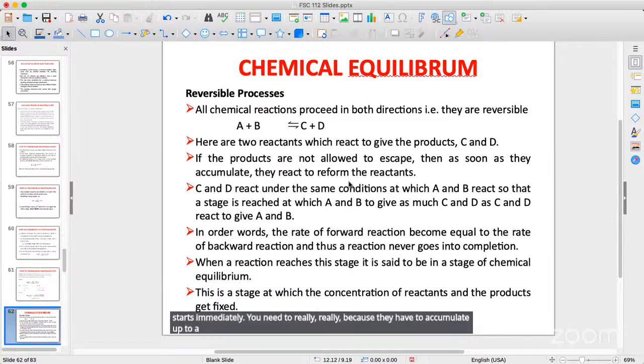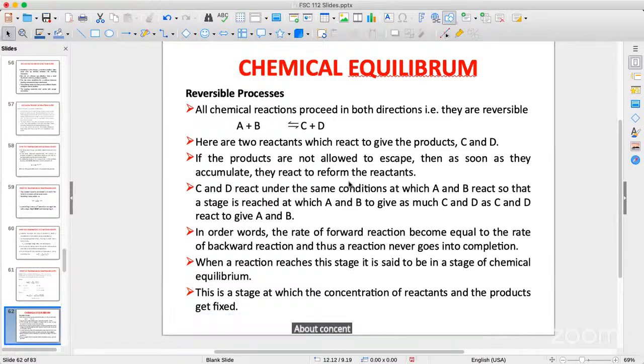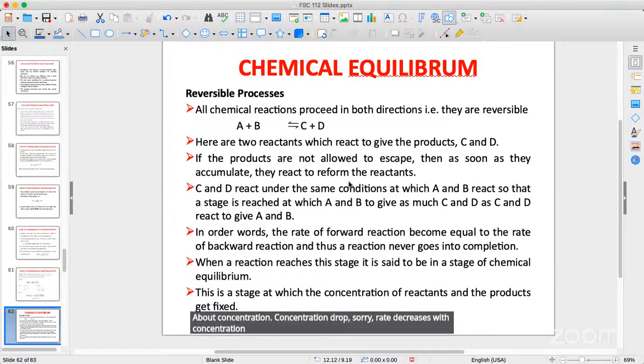Remember what we said about concentration. Rate decreases with concentration. When you have very low concentration, they can't even get in touch with each other, not to talk of collision. And if they're not colliding, there can't be a reaction.